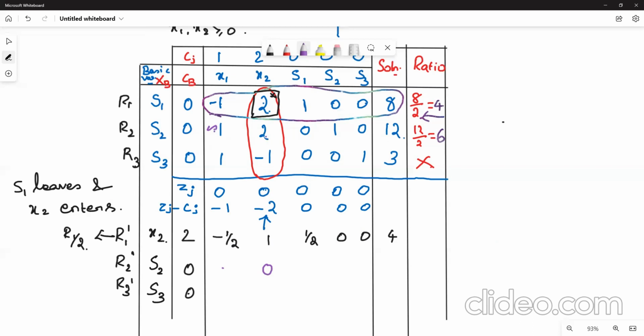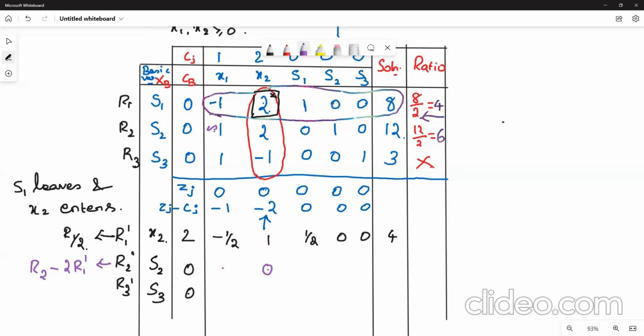When will this 2 become 0? When I multiply this 1 with 2 and subtract both. So the row operation I have identified is new R2 dash is nothing but R2 minus 2R1 dash. Got it? So I have to multiply this R1 dash row with 2 and subtract both.